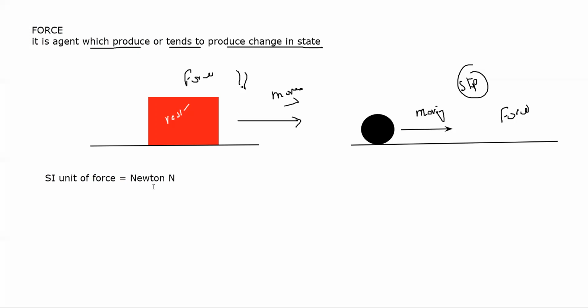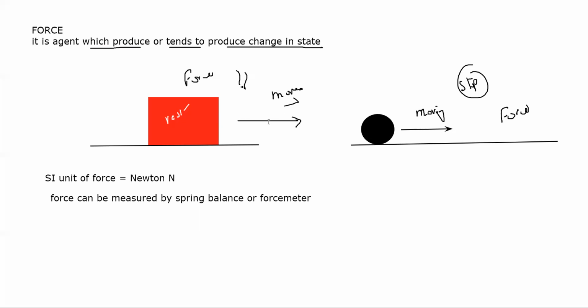The instrument used to measure force is a spring balance or force meter. Force meter or spring balance, you can mention any name. It is used to measure the force exerted by or on the object.